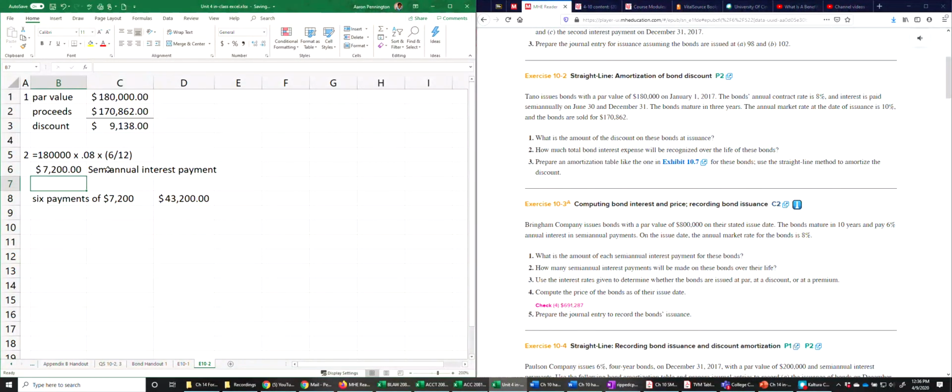All right, so this $7,200 is going to be made every 6 months for 3 years. So the 6 payments equals a total of $43,200. But since the bonds are issued at a discount, we also have to factor in that discount, all right, which we're going to add to it. If it were a premium, we would subtract it, but we're going to add the discount that we figured in part 1.